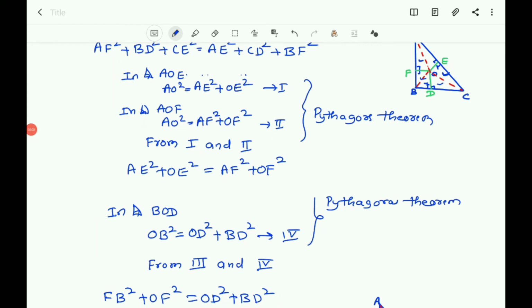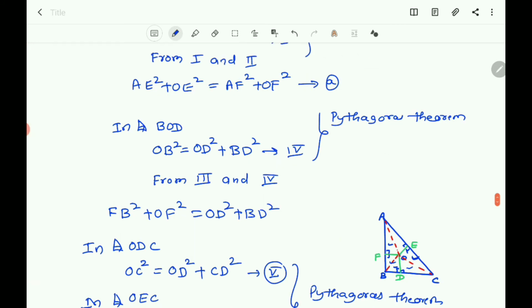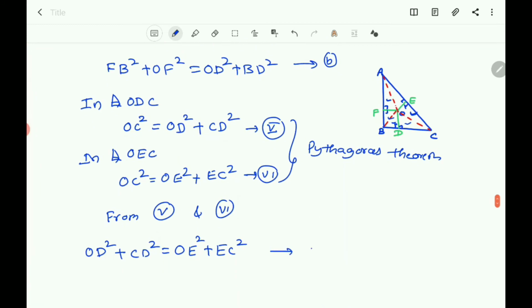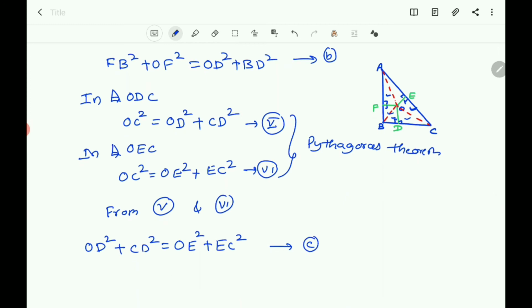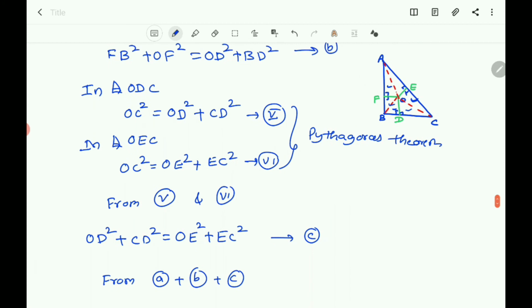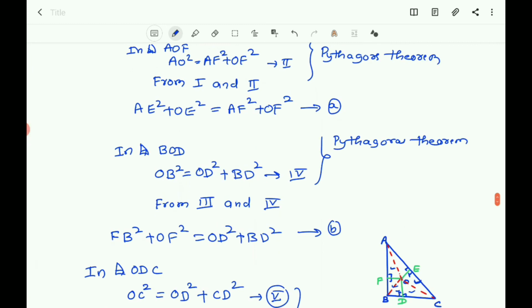Now the relation got from first and second, let us denote this as A, the relation got from third and fourth, let us denote as B, and the relation got from fifth and sixth, let us consider that as C. Now from A plus B plus C, add LHS of A, B, C taken as LHS and RHS of A, B, C taken as RHS.